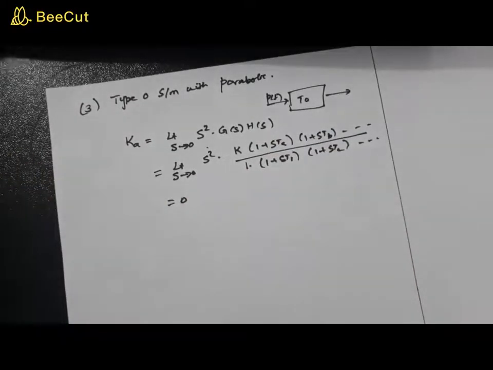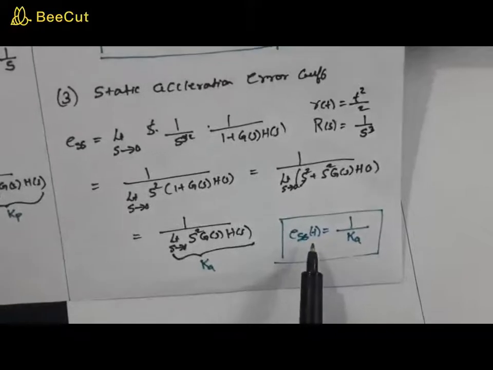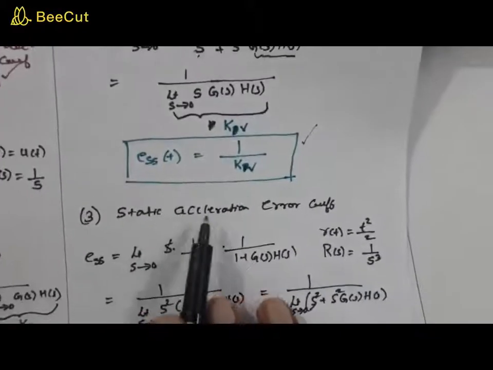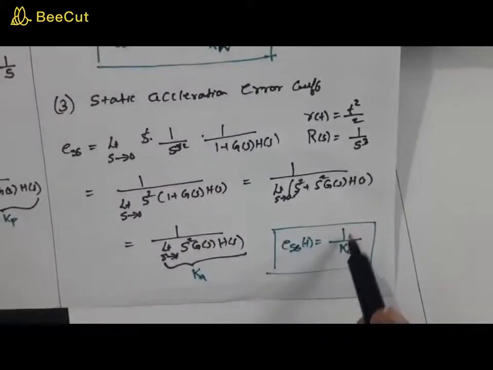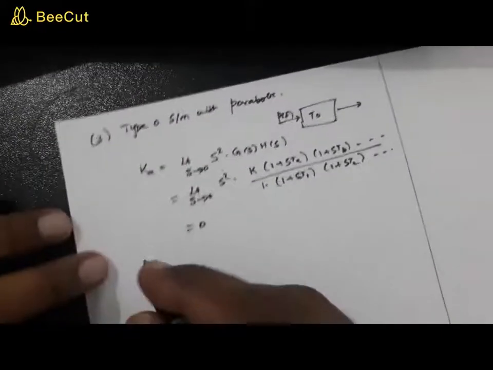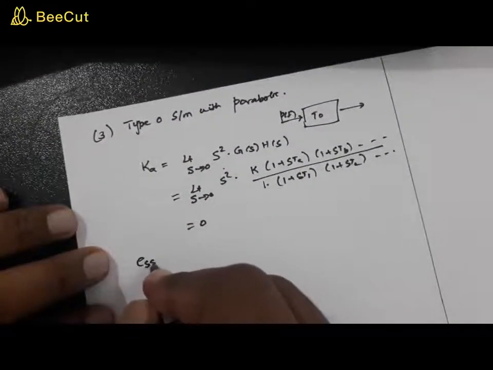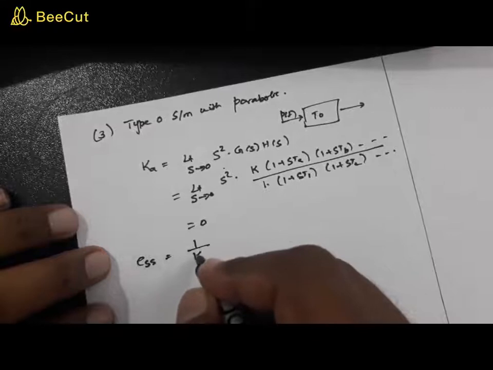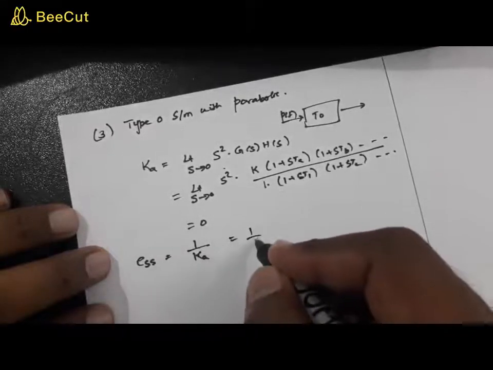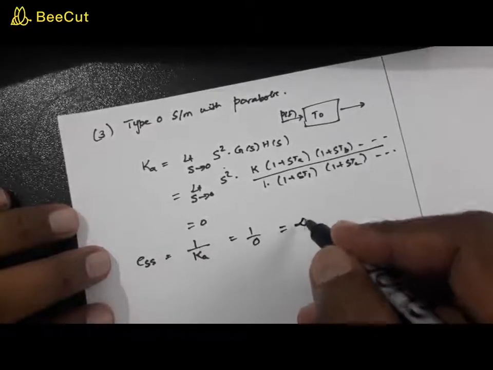But from our previous discussion, we have found the steady state error in terms of the static acceleration error coefficient as 1 by Ka. Now when you evaluate this ess here, this will be 1 by Ka, which is equal to 1 by 0, which is also equal to infinity.